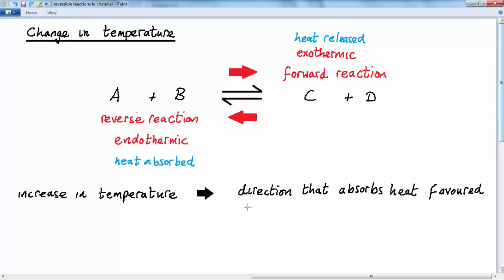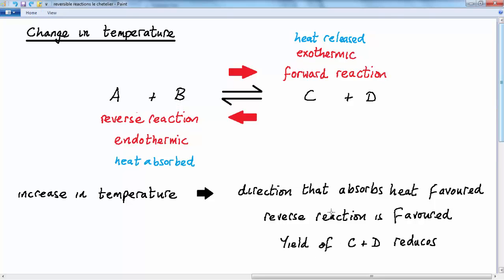In other words, it will favour the direction that absorbs heat, and in this case that is the reverse direction. So the reverse reaction will be favoured, and as a consequence the yield of A and B will increase, which means that the yield of C and D reduces. So that's what happens when we get a change in temperature.